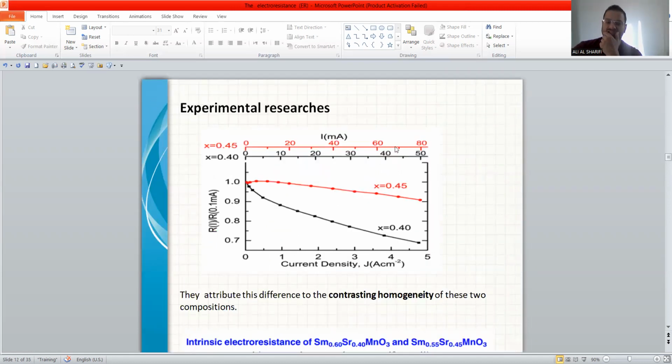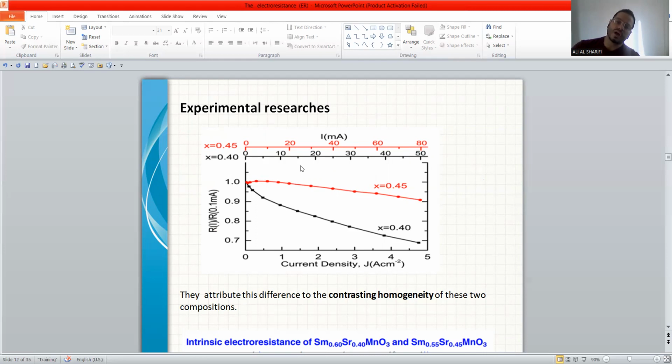Here, this image illustrates the difference between the previous two plots. At concentration x equal 0.4, it decreases from 1 until 0.7, and at concentration 0.45, it decreases from 1 until 0.95. That means we have decreasing, but not like in the previous plot.